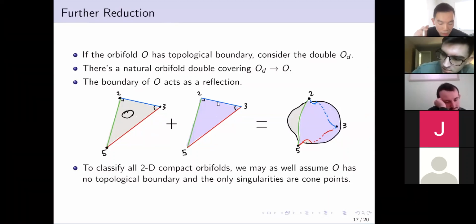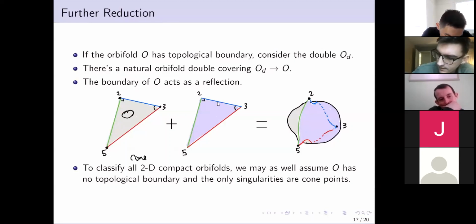Now, if I consider another copy of itself, and then I glue along the boundary, blue with blue, red with red, and green with green, correspondingly, then the two triangles meet and become a topological sphere like this. But I notice that now these corner reflector points become cone points.